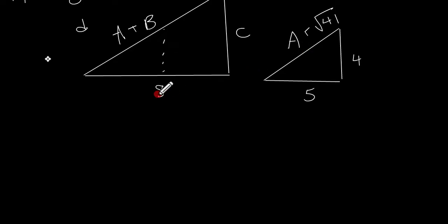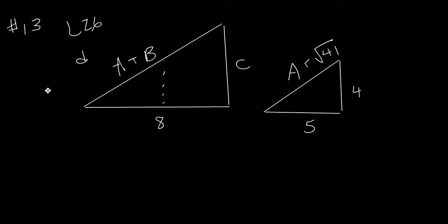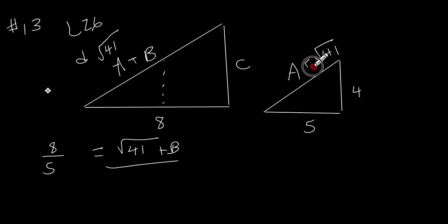So now we're going to do the ratios. We do left over right equals left over right. So we're going to do 8 over 5, and remember, this is the square root of 41 plus b. So 8 over 5 equals the square root of 41 plus b over the square root of 41.